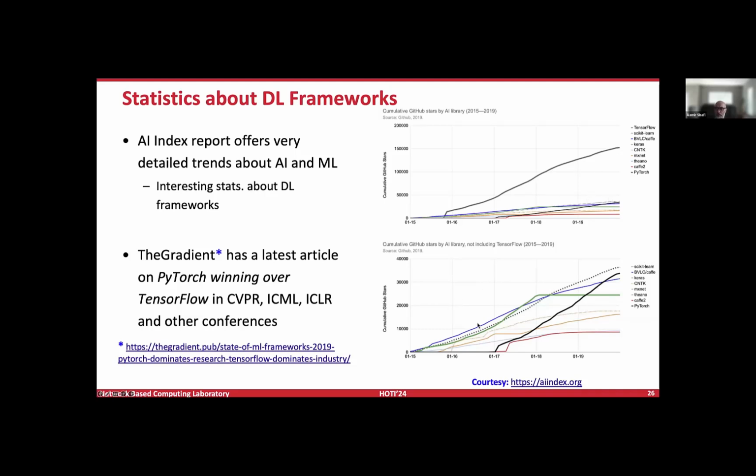The bottom chart zooms into this crowded space, and in it we see one framework coming out in 2017 and really gaining traction, becoming sort of number 2 compared to TensorFlow. And this is PyTorch, as I've mentioned earlier. This came out in 2017.